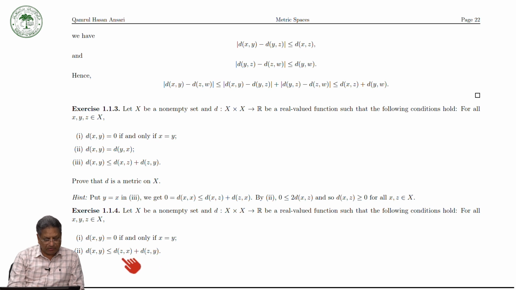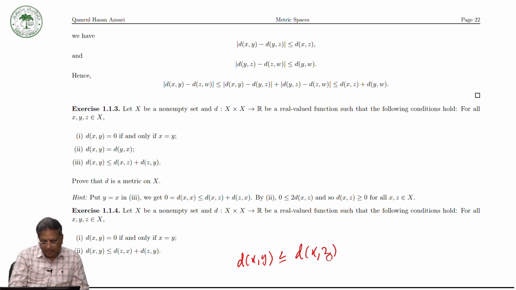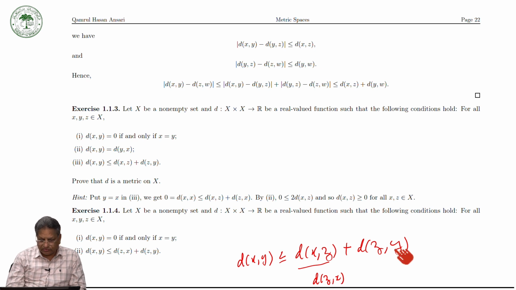Keep in mind, the usual triangular inequality is that dxy is less than or equal to dxz plus dzy. But here, instead of dxz, I am taking dzx.